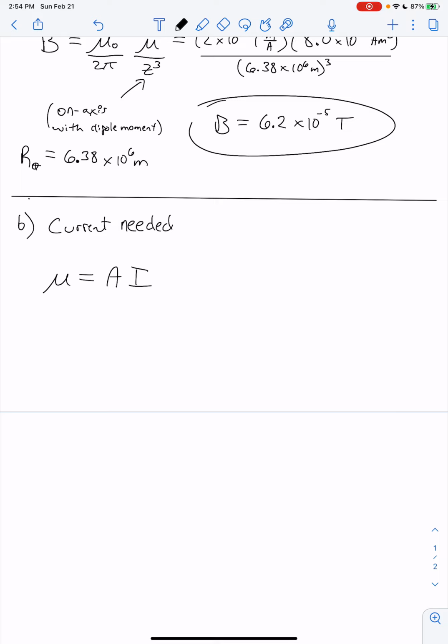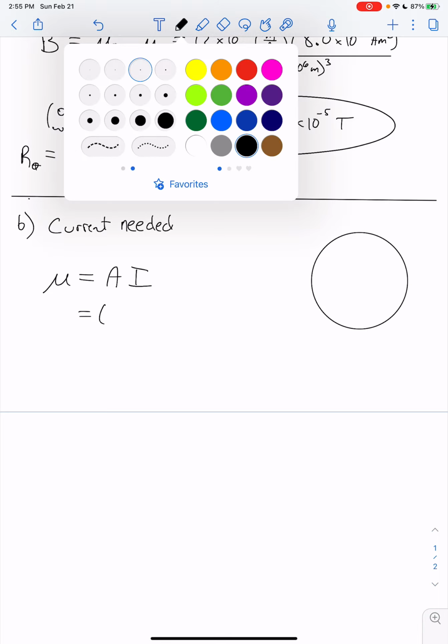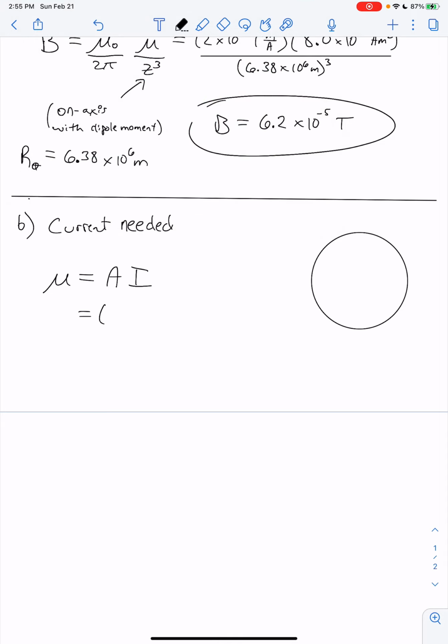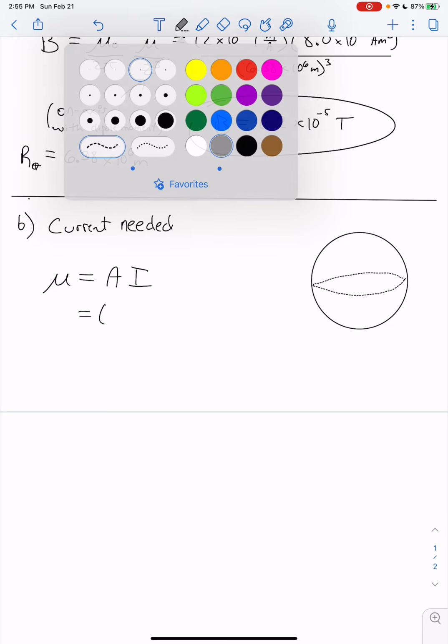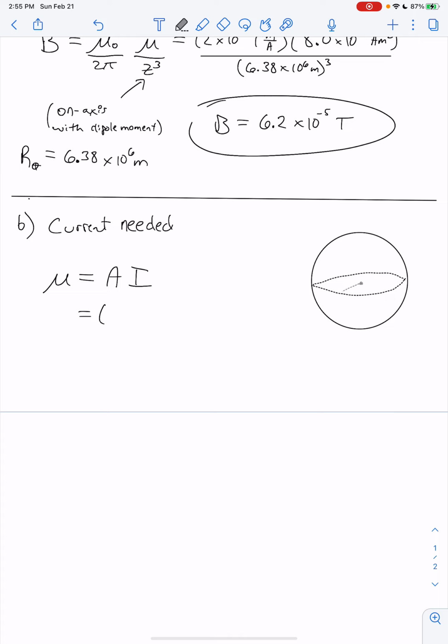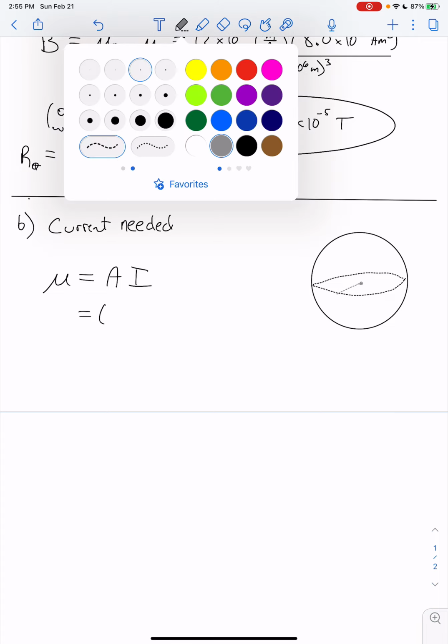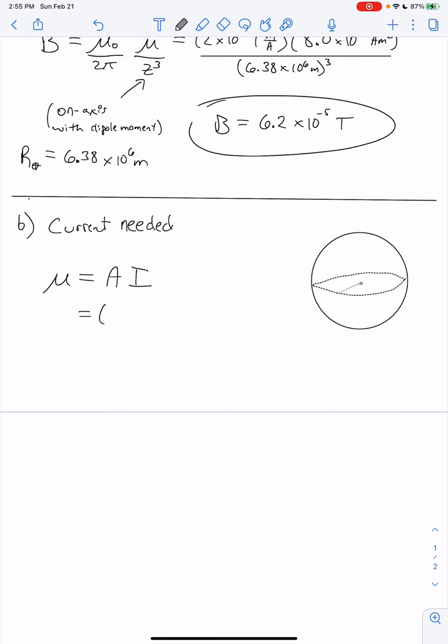And so the area here is, again, we're modeling this as if we've got the planet, and we're going to have this current around the equator here, and we've got this radius. And so we're going to use this as our area.